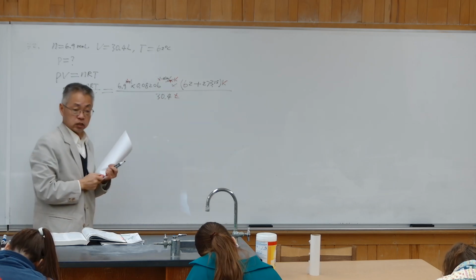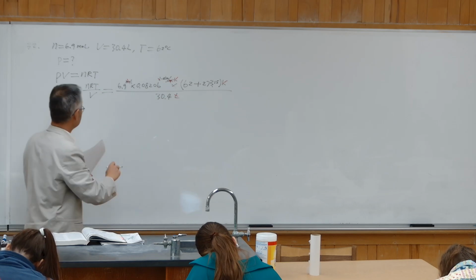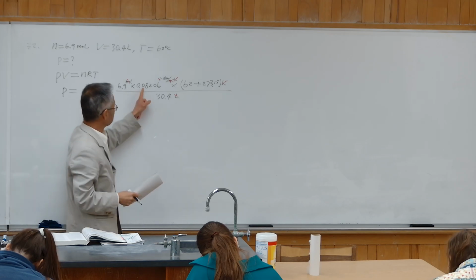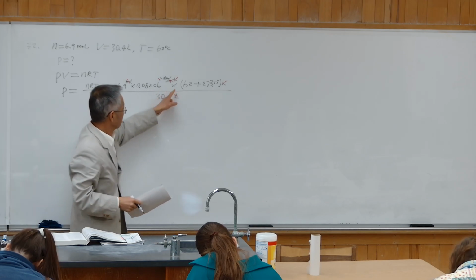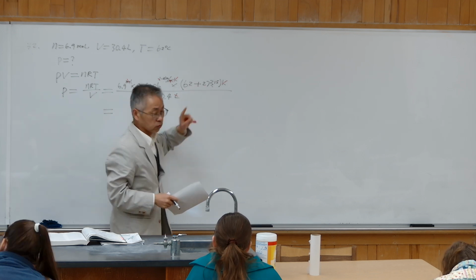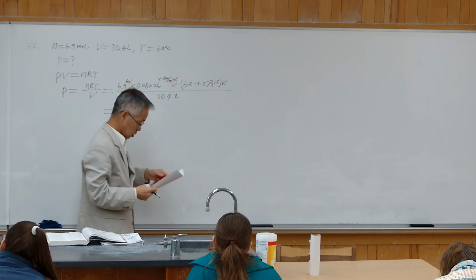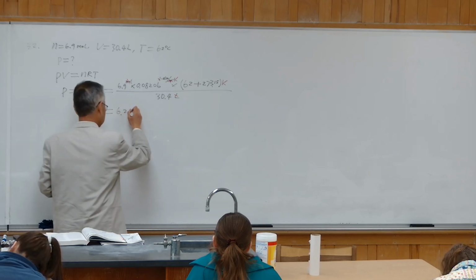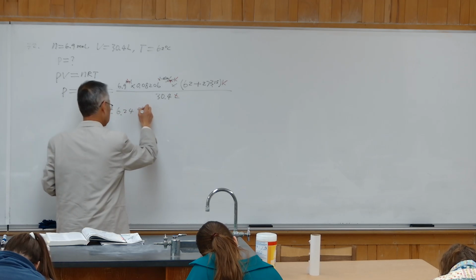This is the unit you want for pressure, right? So now just use your calculator. 6.9 times 0.08206 times this is 335.15. Then divided by 30.4. Use calculator, you can easily get this 6.24 ATM.